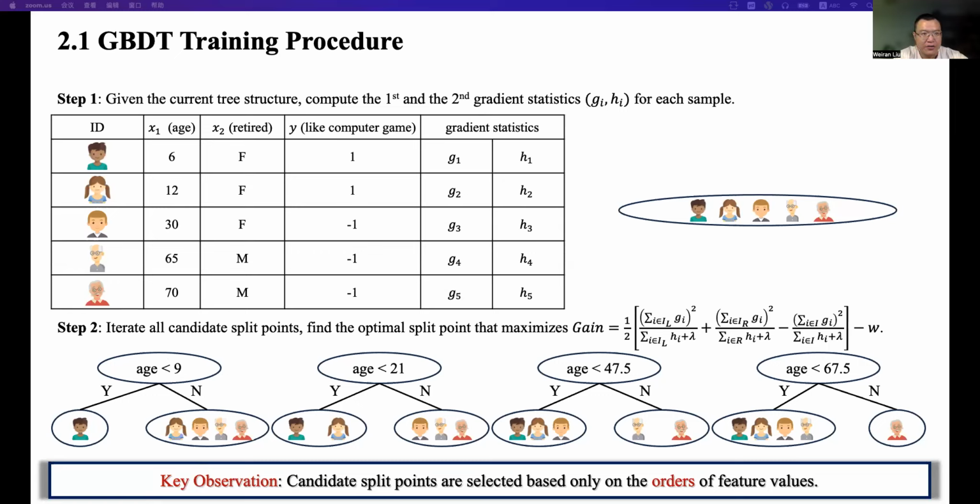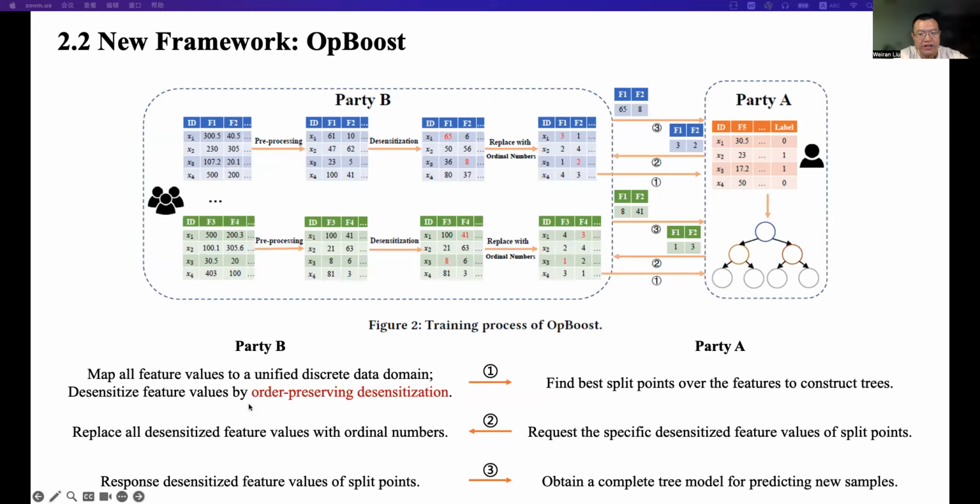Following the key observation, we propose a new framework, OP-Boost. Other parties that do not contain the label map all feature values to a unified discrete data domain, desensitize the feature values by order-preserving desensitization algorithms, and send them to party A, which has the label. Party A finds the best split points over the features to construct the trees, where the split conditions are computed using the averages of the orders.